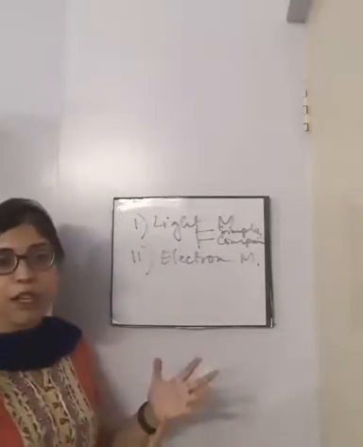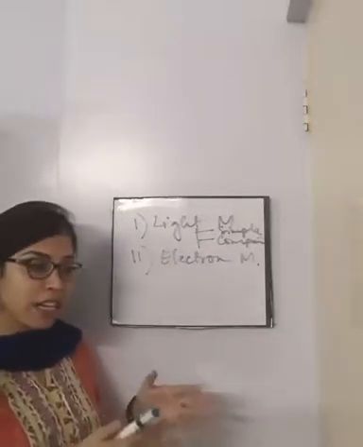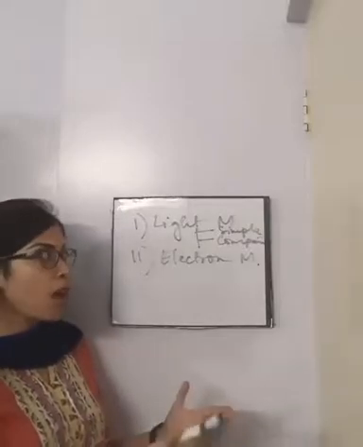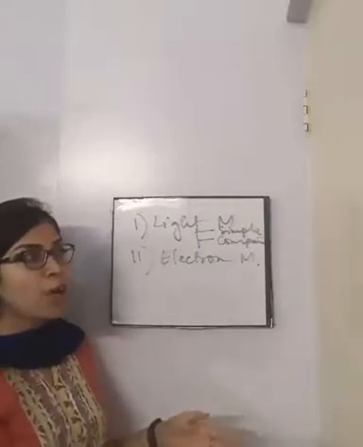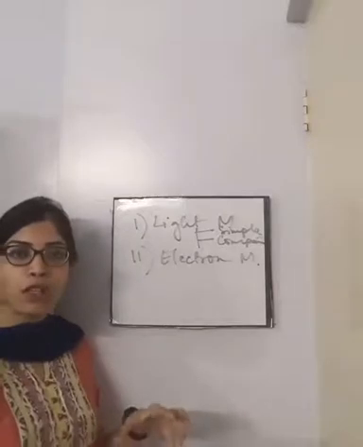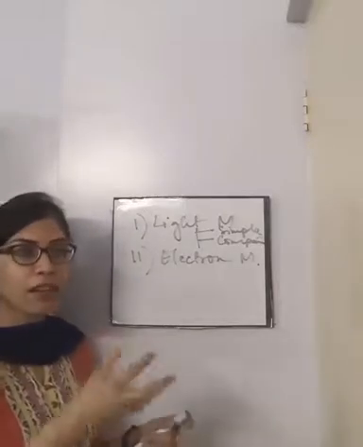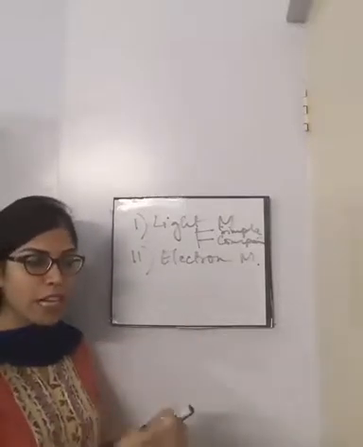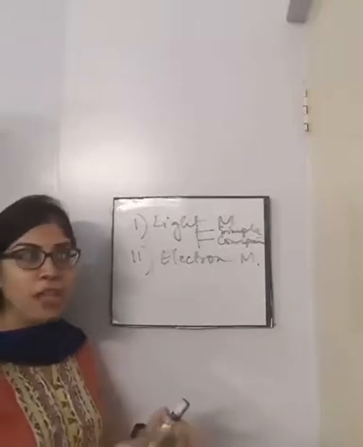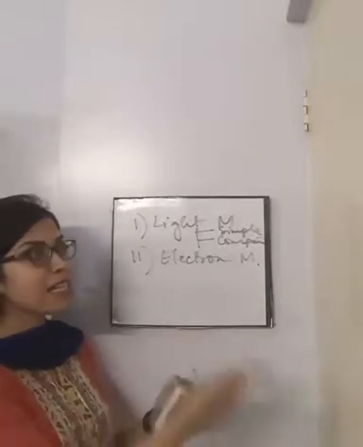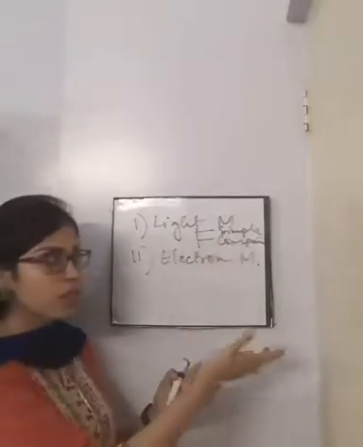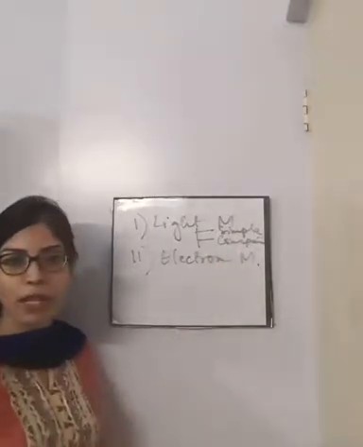And why the name light microscope? Because we can only view what we want to see when light falls on those objects. There is a mirror, and from that mirror light is reflected and thus helps us see whatever we want to see in both the simple and compound microscopes.